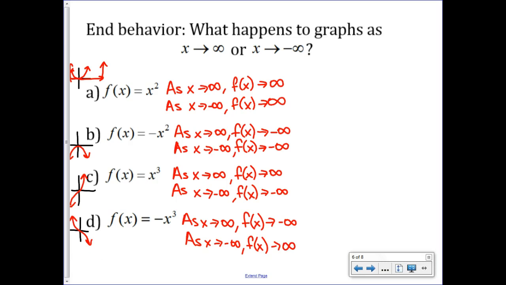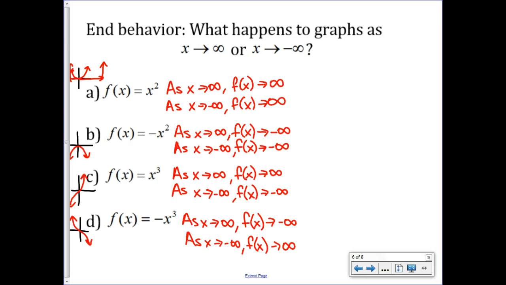If you continue with this pattern, if you look at x to the 4th, I encourage you to go ahead and plot that in your calculator. Or you look at x to the 5th, or x to the 6th, or x to the 7th. What you should notice is that for all even graphs, they follow the same end behavior as x squared. So x to the 4th, x to the 6th, x to the 8th.